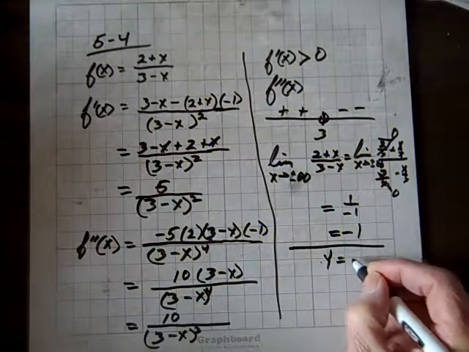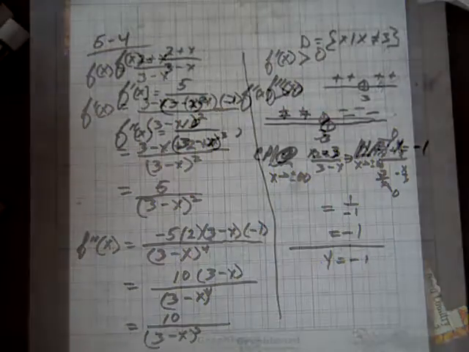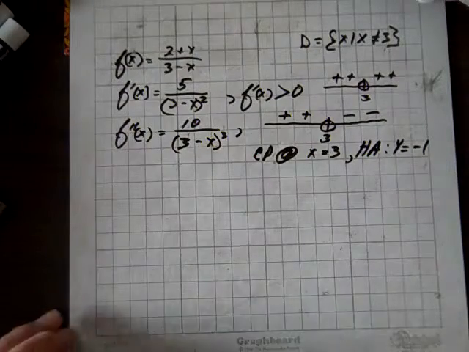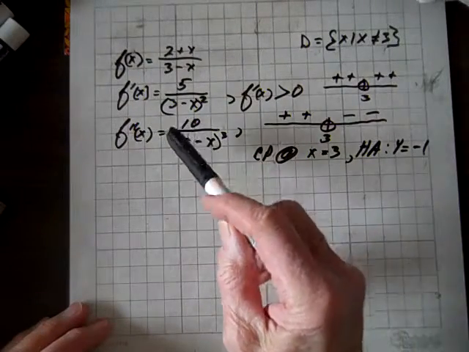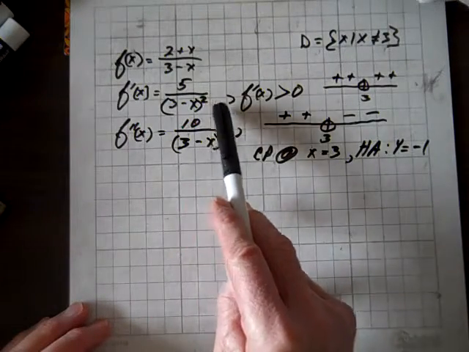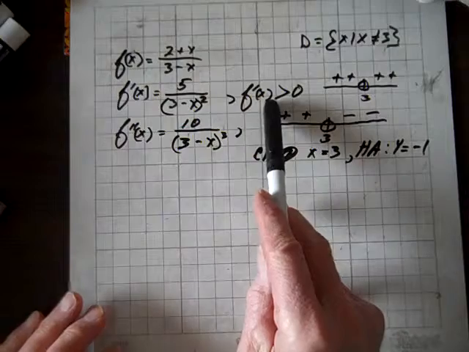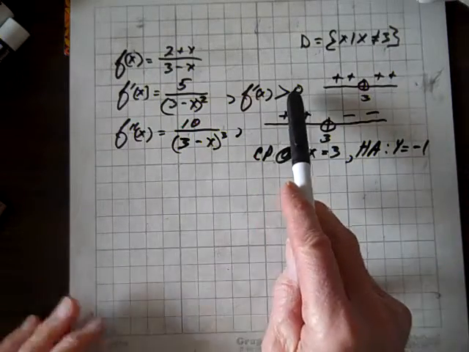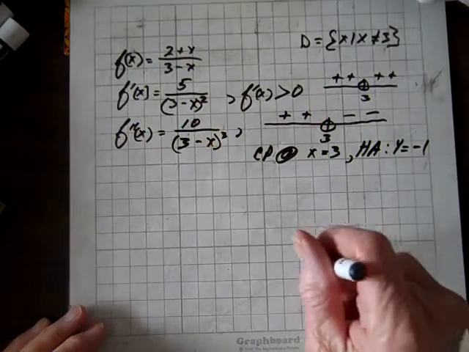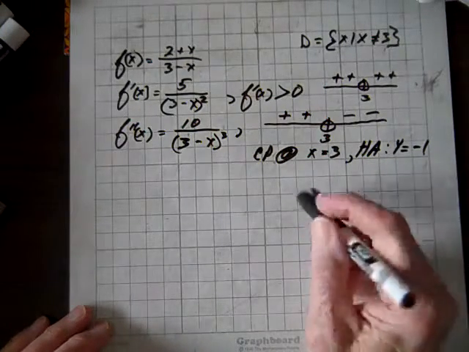Y equals negative 1, and we'll graph it. Okay, so now we have to graph this function, and I've summarized what we've found. There's our function. The derivative is positive for all the values x in the domain, and the domain is all reals except 3.